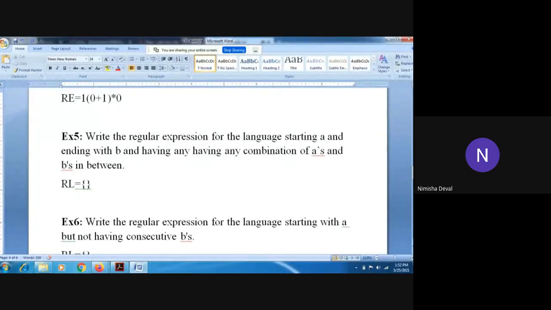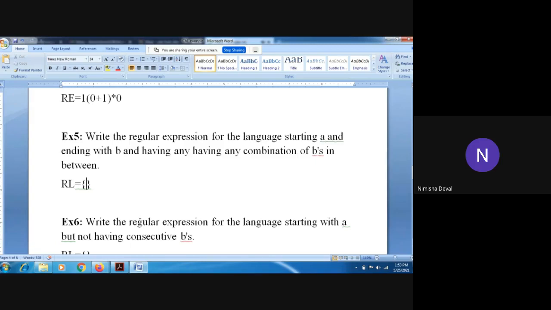Okay, this is the statement. Whenever I have not written a here, in that case only b is there, but here you find a language starting with a and ending with b and having any combinations of a's and b's in between. In that case first tell me different strings starting with a, ending with b.